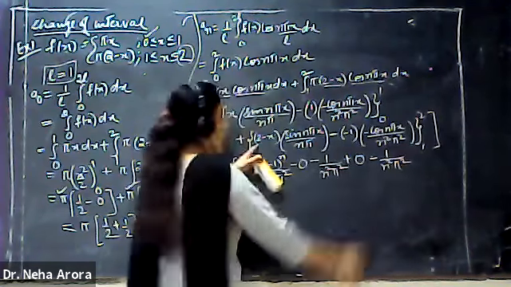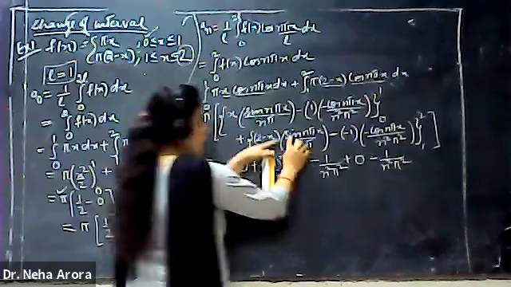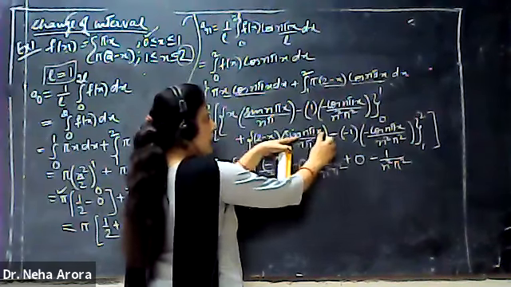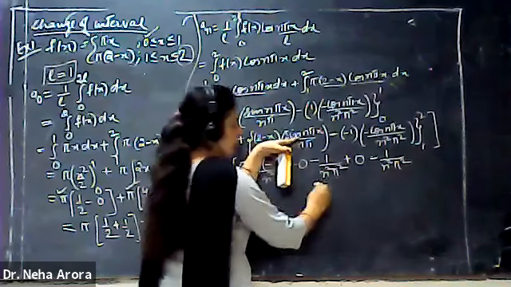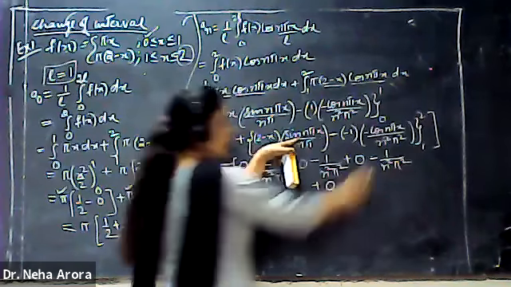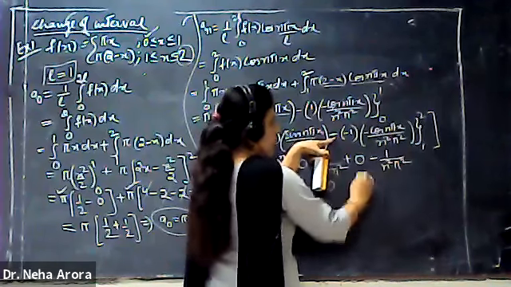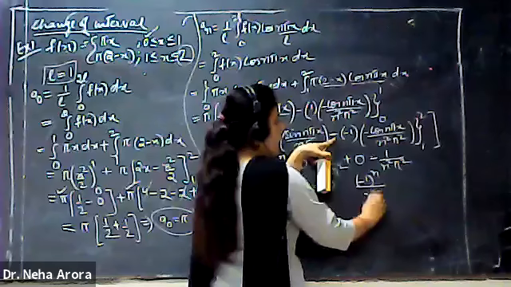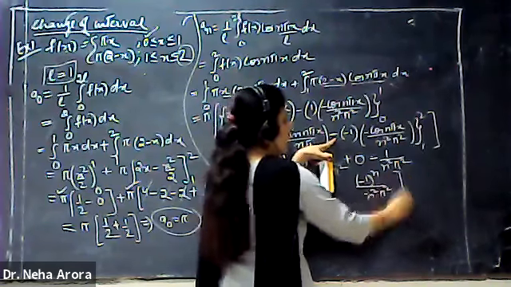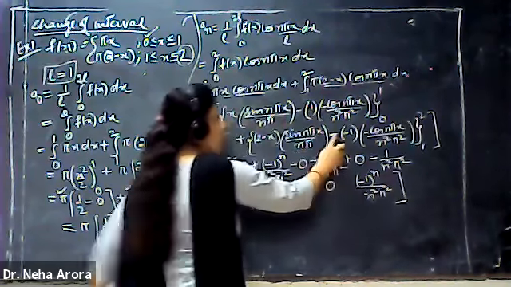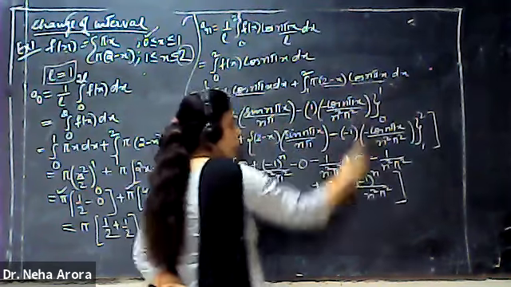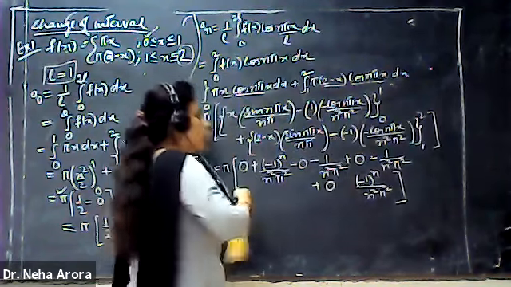Right? Let's come to the lower limit, which is 1. Sin nπ into 1, that means sin nπ, that is 0. Come over here, cos nπ. What is cos nπ? (−1)^n divided by n²π². How many negatives are there? 1, 2, 3 and 1 before putting the lower limit. So 4 negatives are there.